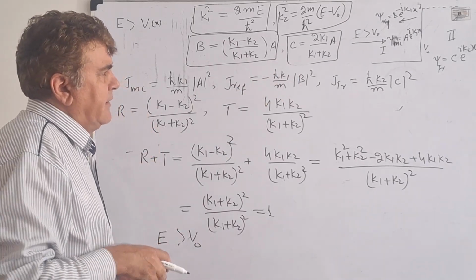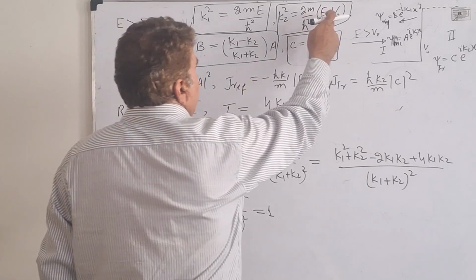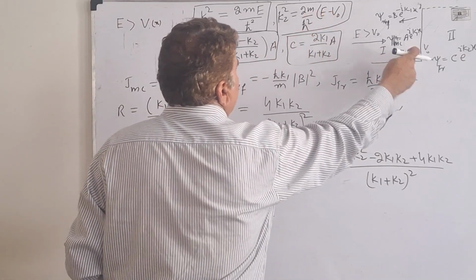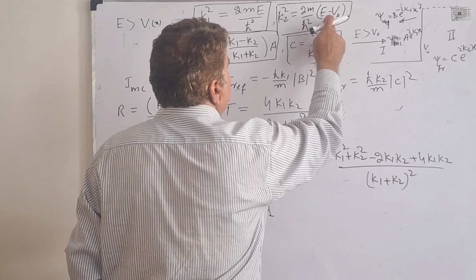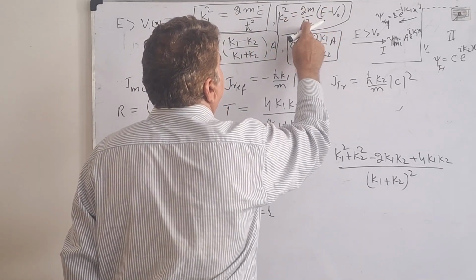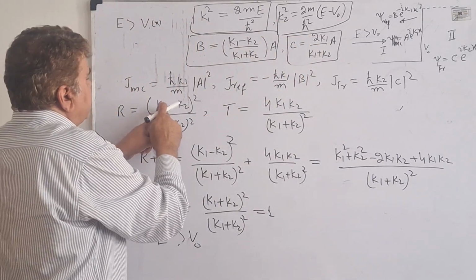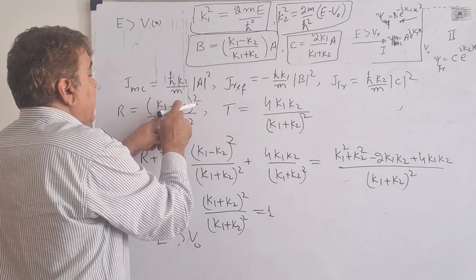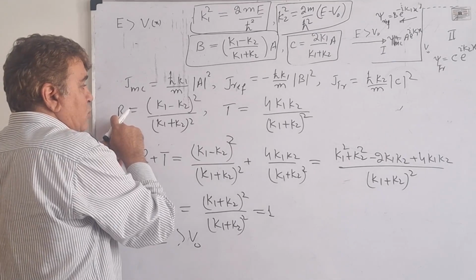Now let's see another case. If V naught is 0, meaning there is no potential, then k2 reduces to k1, because both are 2mE divided by h bar squared. On that condition, k1 equals k2, which means R is 0.